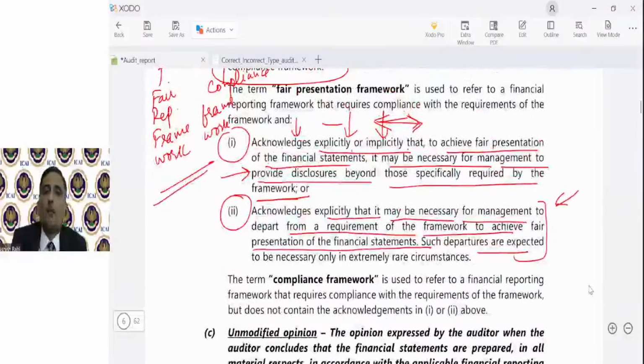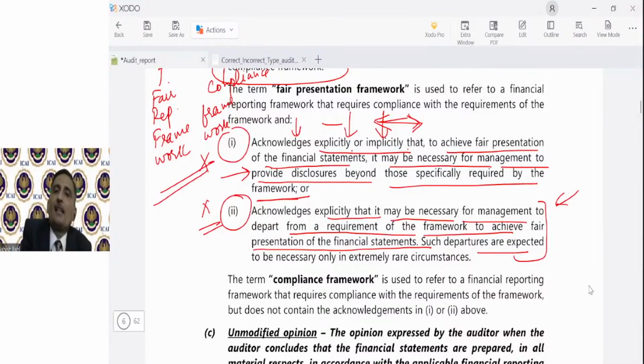So the term compliance framework is used to refer to a financial reporting framework when these two conditions are not applicable. In a compliance framework, the entity, the company, only complies with that financial reporting framework. It does not go beyond that.